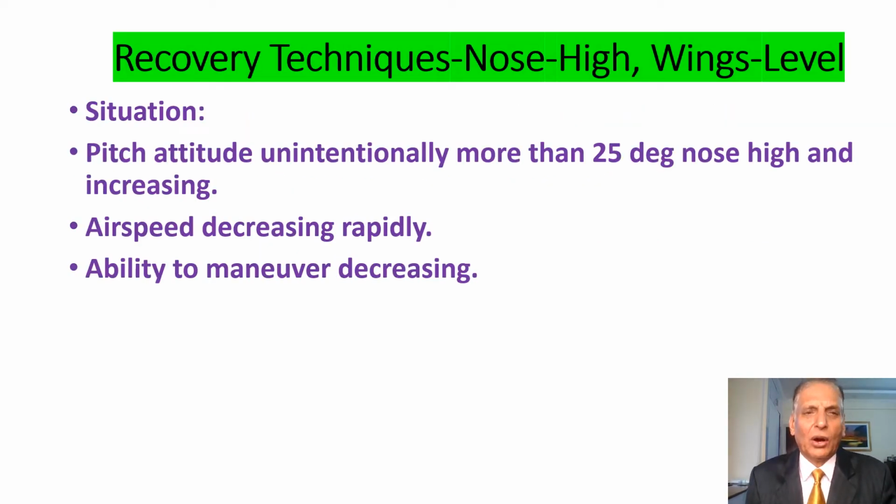Now we shall talk about recovery techniques, nose high, wings level. Let's look at the situation. Pitch attitude unintentionally more than 25-degree nose high and increasing. Airspeed decreasing rapidly. Ability to maneuver decreasing.